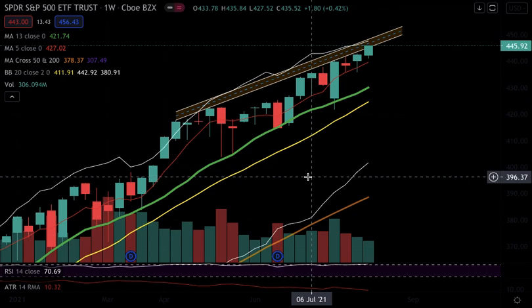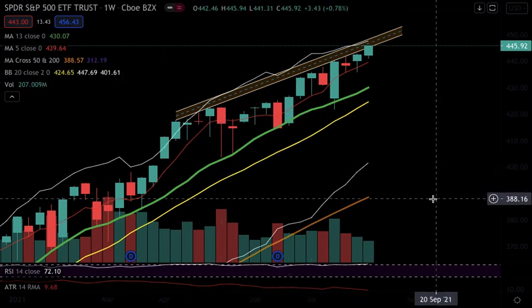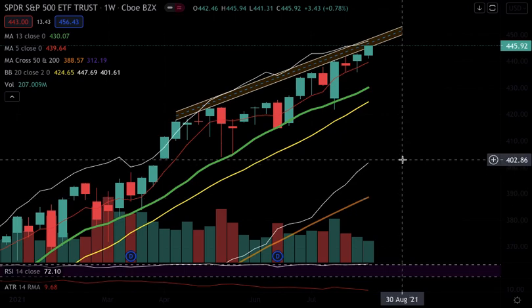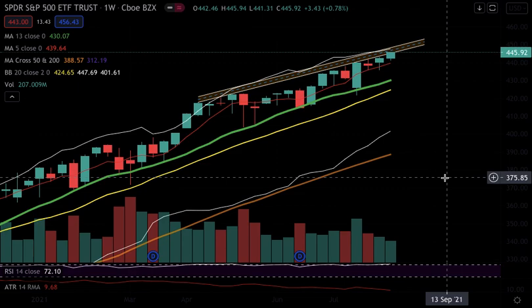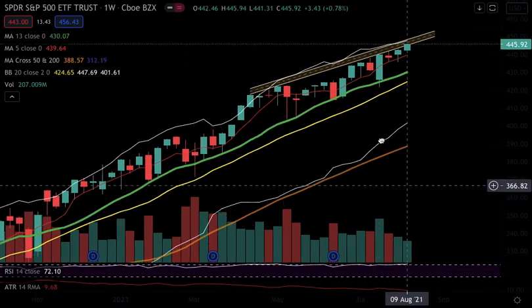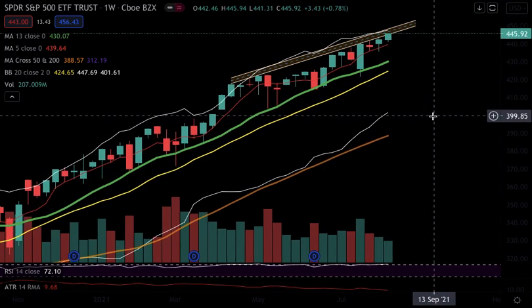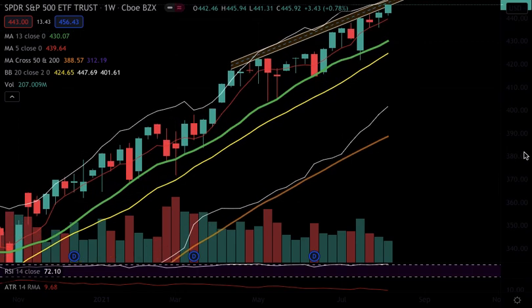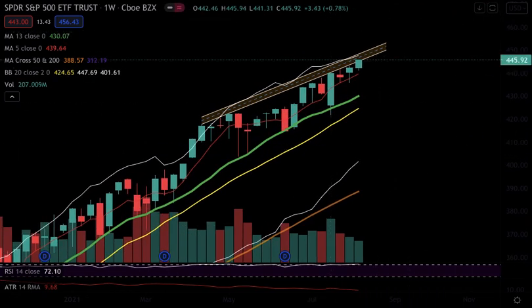Out of how many times is SPY likely to go down? The percentage-wise probability of SPY going down is far less than SPY going up. So let's do what's high probability, so we can have a higher probability of making money. How many times did I say the word probability? If you know, comment down below how many times I said the word probability. So that's SPY. Watch the support level.